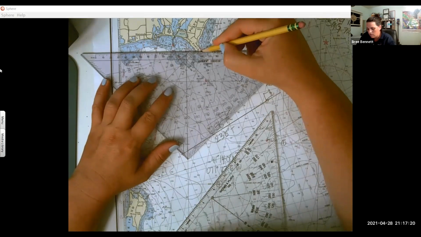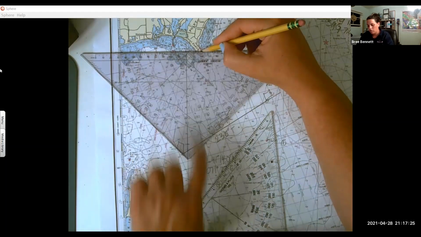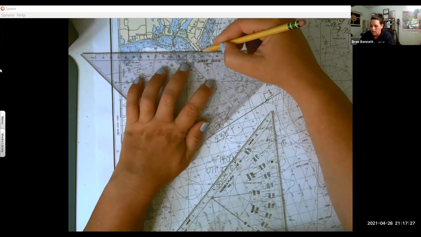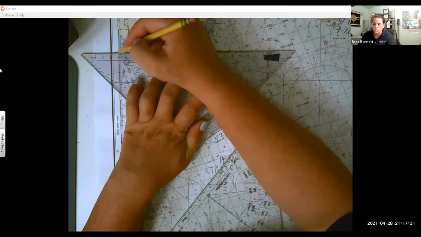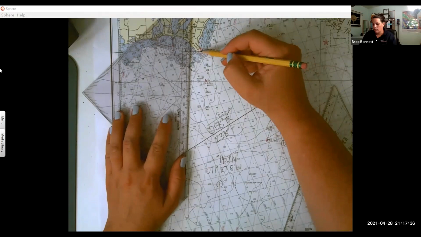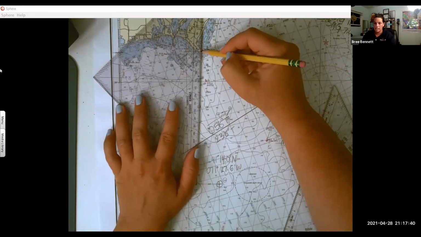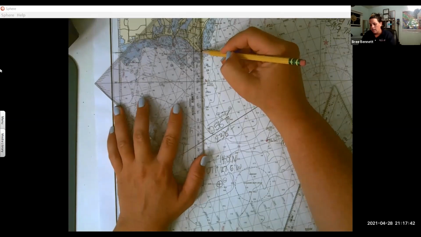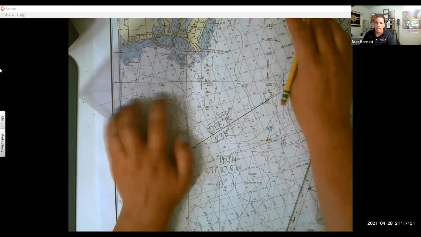I am going to line up my vertical line with my vertical line and draw in my latitude line. Now I'm already on the edge, so I'll just mark that. For my longitude, I put my pencil, bump it up against, line up my perpendicular line on the latitude line, and draw that in.